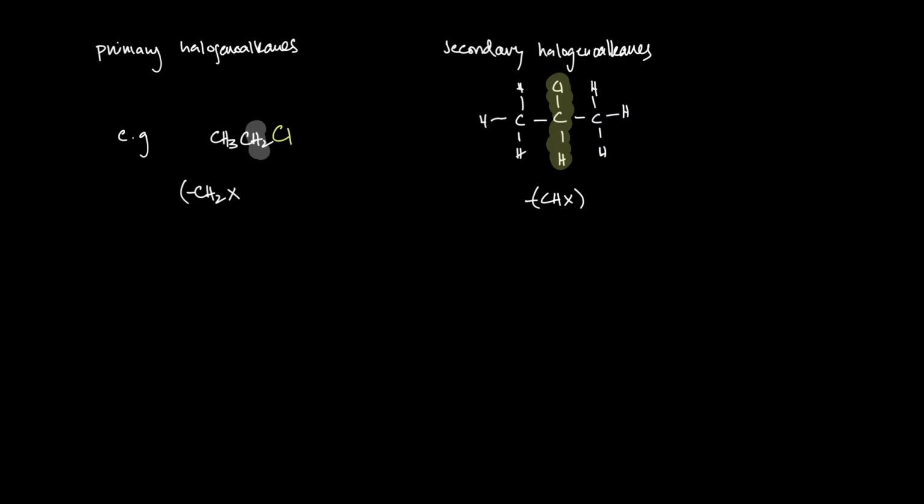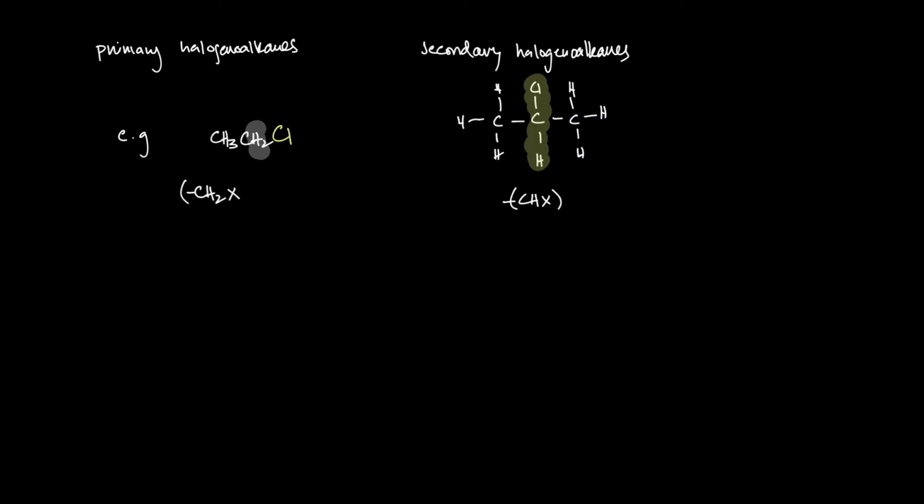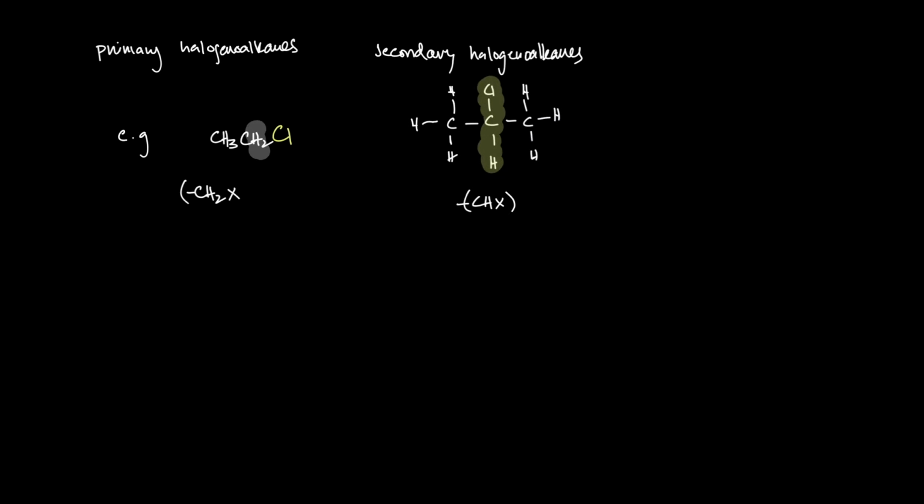And then obviously the last type of halogenoalkane we're going to look at is tertiary halogenoalkanes. The carbon that has the halogen is bonded to three carbon atoms.